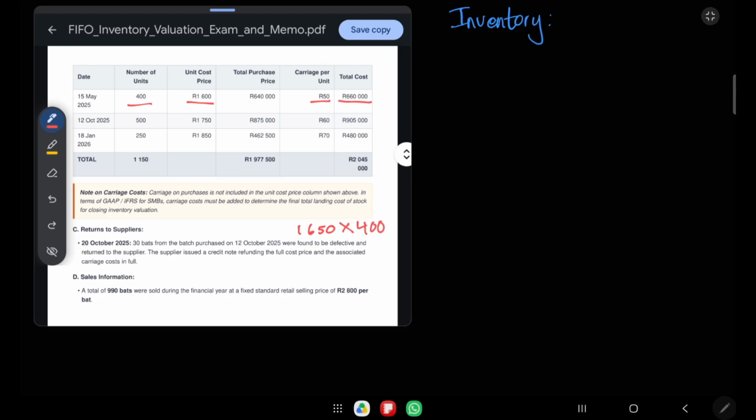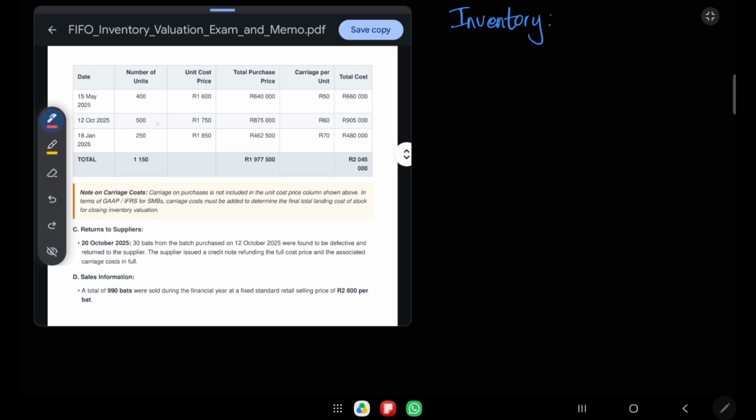Can you see that when we want to calculate, for example, the value of our units, we have to say 400 times our cost price, which is 1,600, plus we add our 50, our carriage. When you do so, we get 660,000 rand.